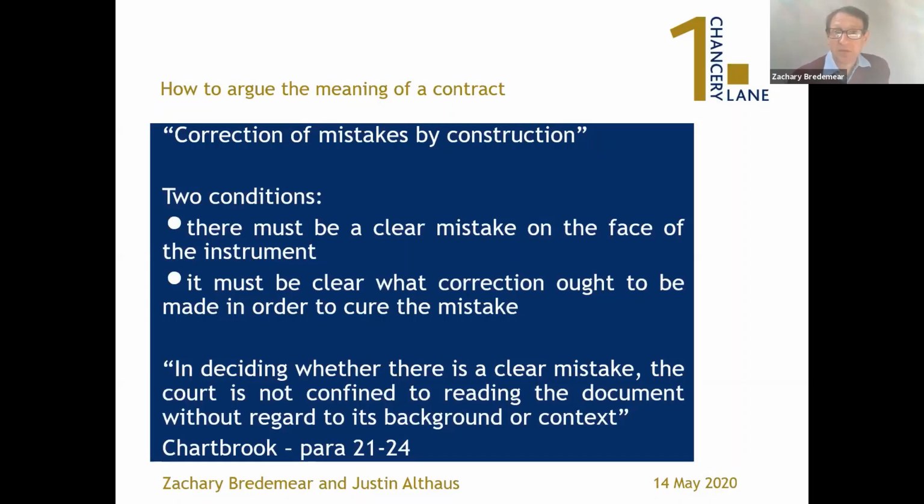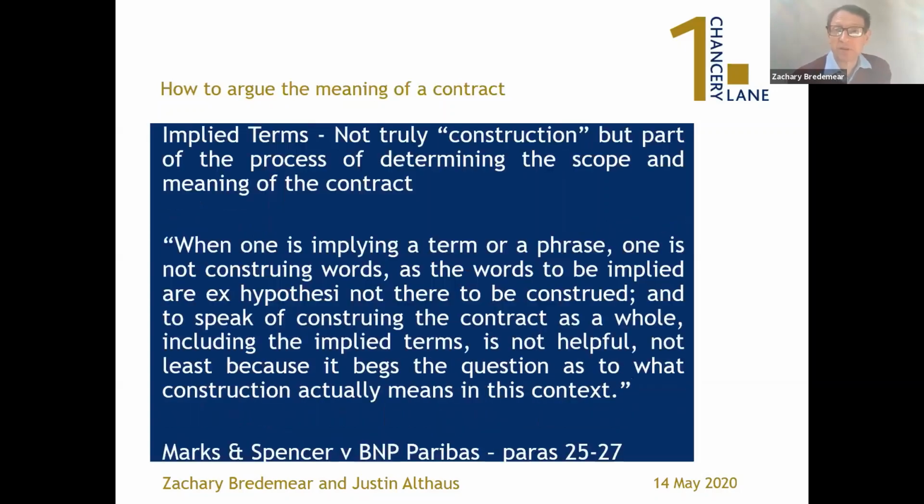There's a clear mistake on the face of the instrument. It's referred to a legal system that doesn't really exist. The correction is England and Wales. But a different context may support a different inference.